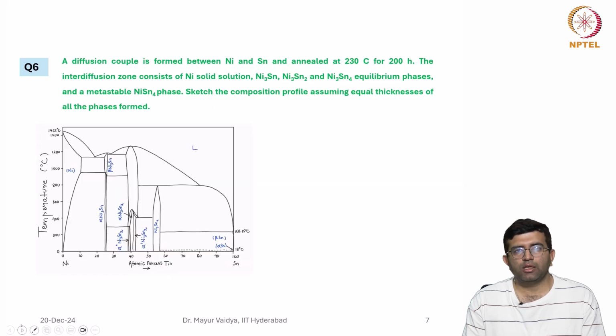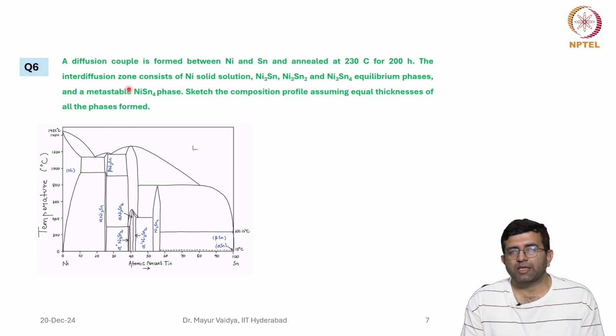If you look at the nickel-tin phase diagram, you see that there is Ni3Sn, Ni3Sn2, Ni3Sn4, and a nickel solid solution also, but there is no NiSn4. That is the reason why it is a metastable phase.